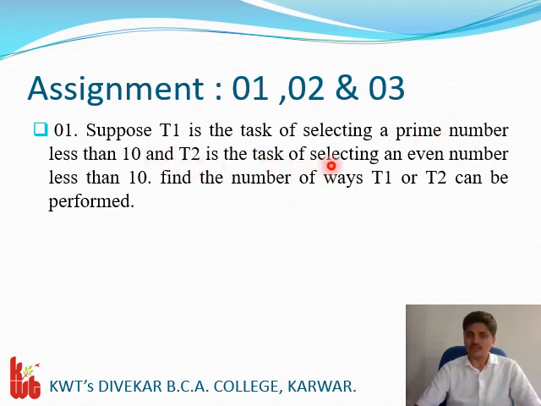Task 2 is selecting an even number. I guess this is studied in class 5th or 6th. So the knowledge of what is an even number and an odd number is required. Now find out how many primes are there less than 10 and how many even numbers are there less than 10, and thereafter you apply the rule of sum.